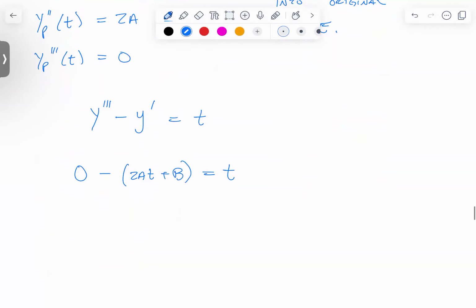Good news, this actually solves pretty simply, which is why we're doing this.